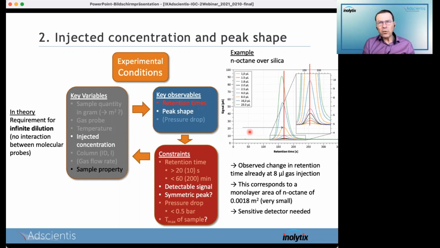We try to avoid it. It's a nominal surface coverage. It's an average over the whole column, and you see the peak is traveling through. So the surface coverage in the peak is quite little defined, and we try to avoid this. So for us, infinite dilution is the key to achieve, and it can be done. It can be done, but it needs a sensitive detector and the cautions I mentioned.